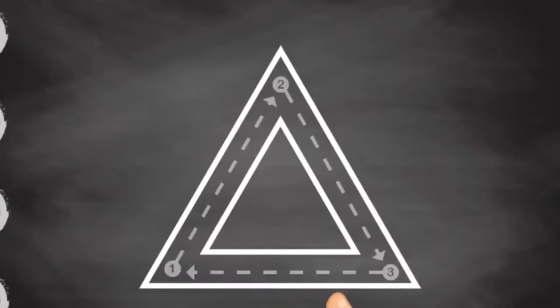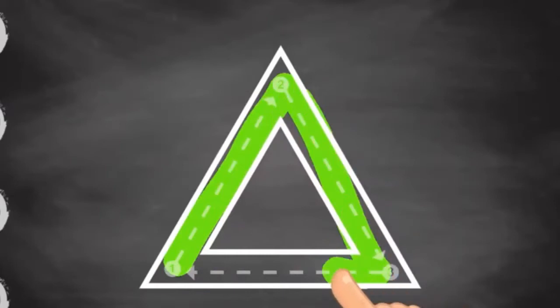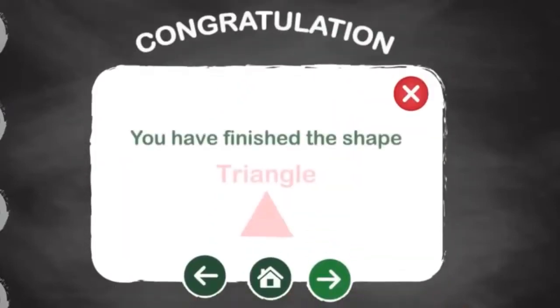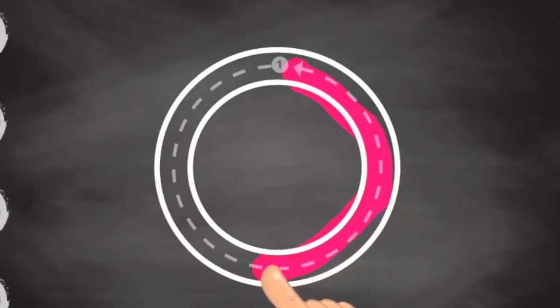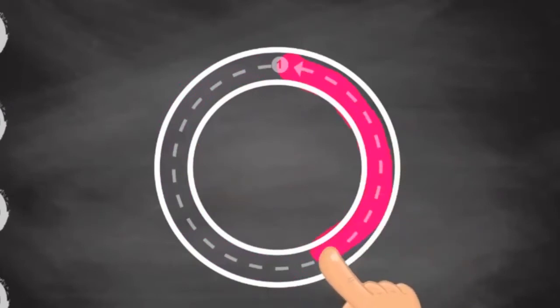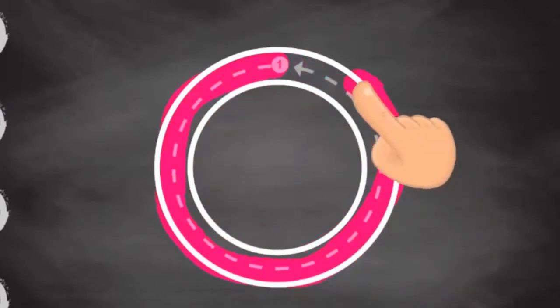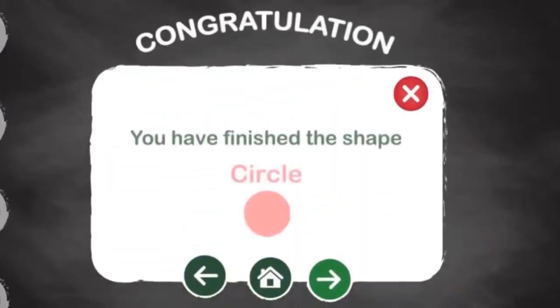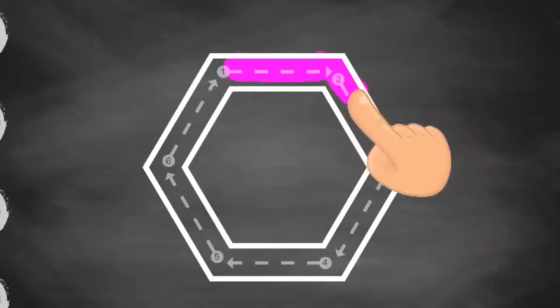Square. 1, 2, 3, 4 sides. That's a square. 1, 2, 3 sides, and that's a triangle. That's a circle with one stroke. Yes?